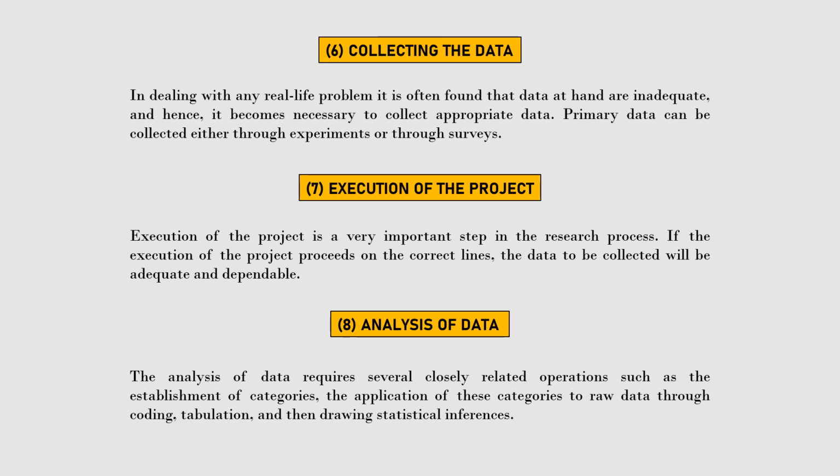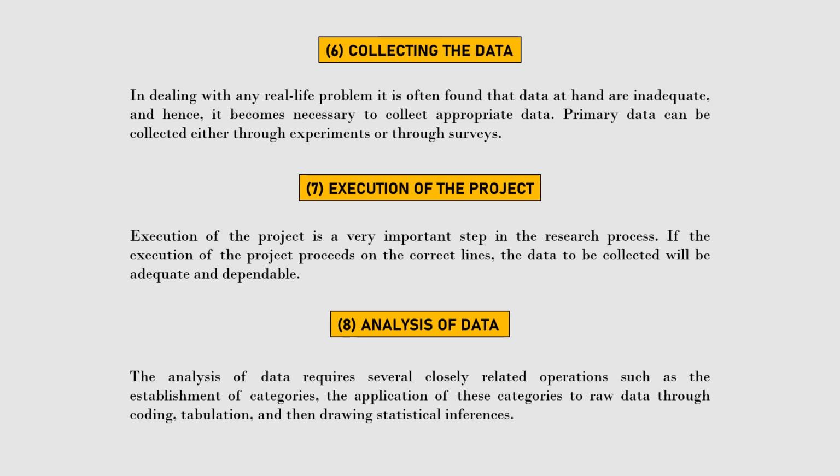Next is analysis of data. So after getting all the data, it should be analyzed properly. So the analysis requires several related operations such as establishment of categories and then application of these categories to raw data through coding, tabulation, or then drawing out statistical inferences.